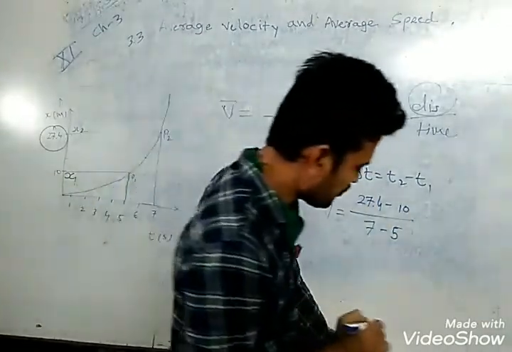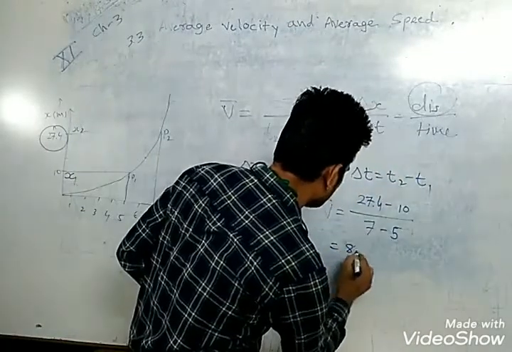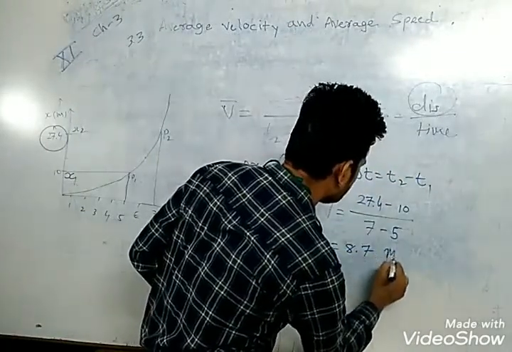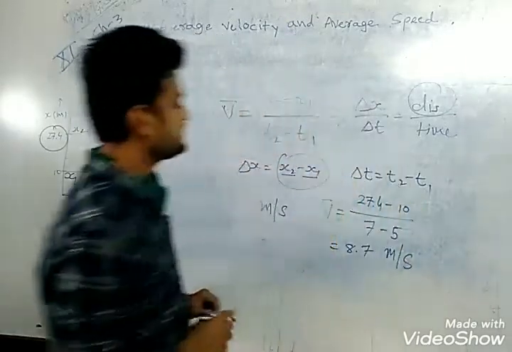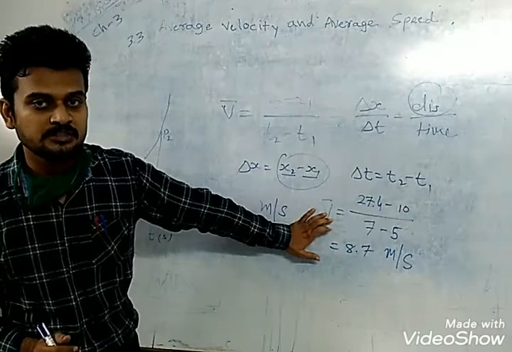So the final answer is 8.7 meter per second. This is the average velocity.